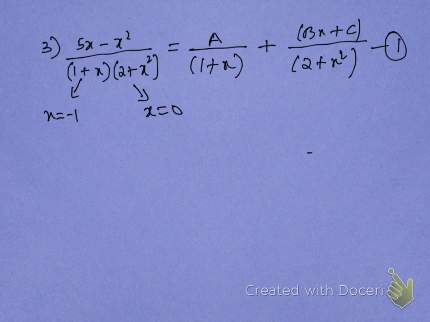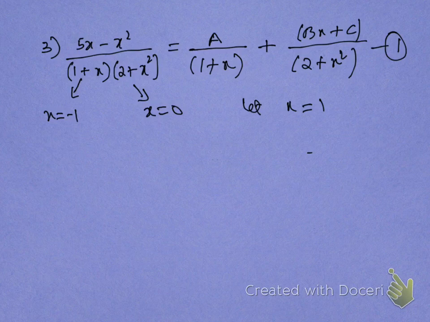The value for the quadratic factor will always be 0 to make the calculation simple. For the last constant, you can suppose any value of x, but suppose that value which will make the calculation simple. So I am supposing 1. See, we have 3 unknowns. Now we have 3 values of x.